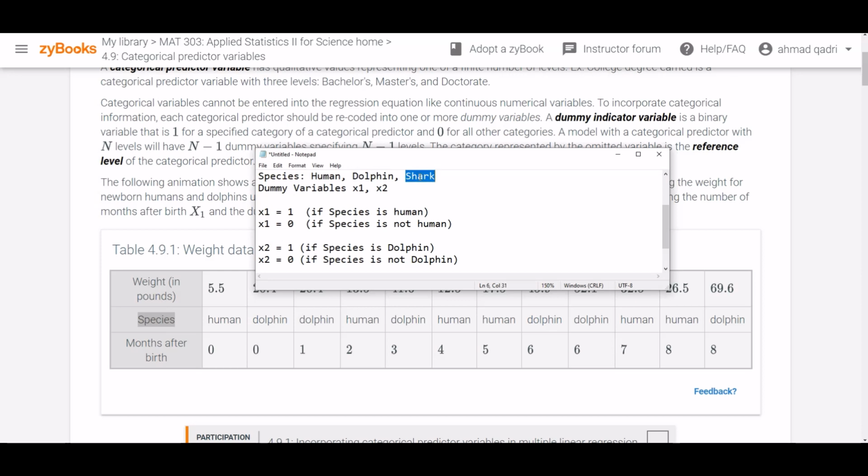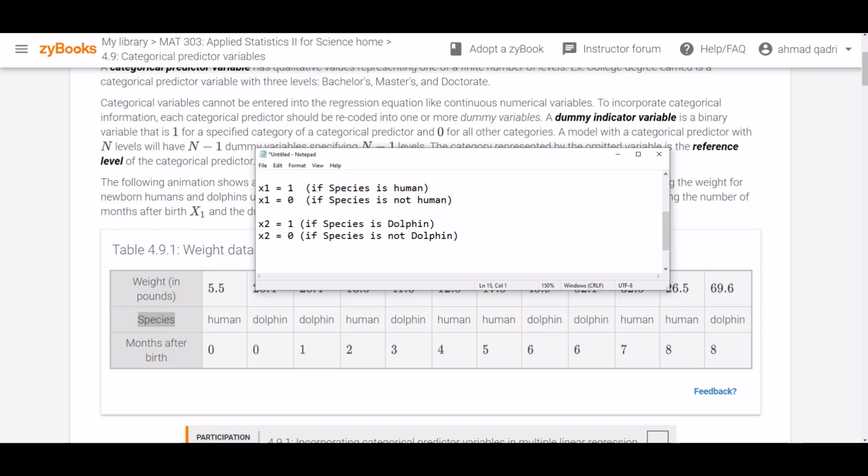If the species is shark, x1 would be 0 and x2 would be 0. So two dummy variables here are enough to represent three levels of the categorical predictor species.